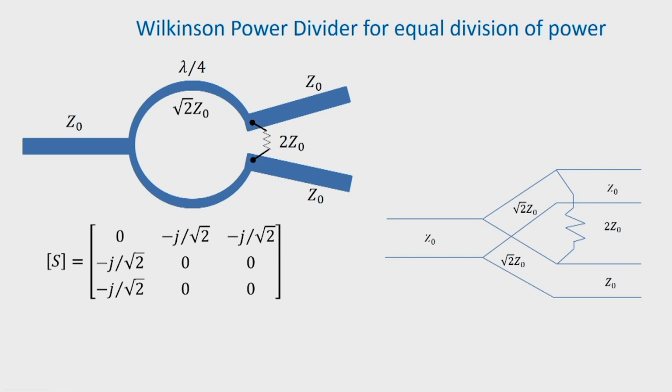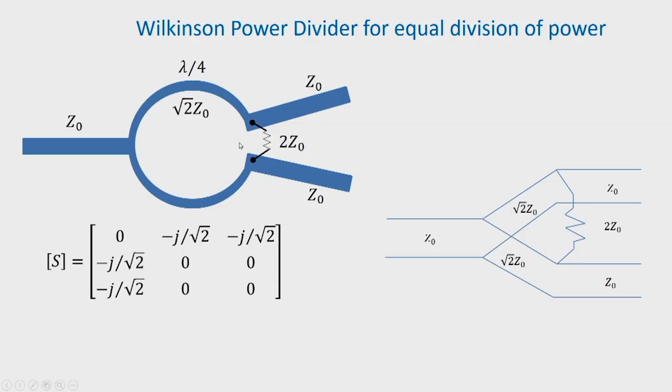So, equal power goes to port 2 and 3, and also see that S23 and S32 are 0. So, the two output ports of the Wilkinson power divider, they are isolated.